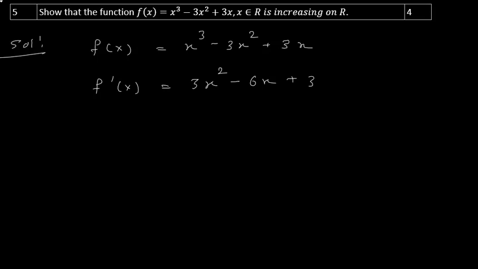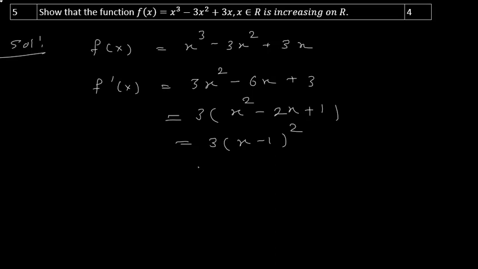So for that, here only we will first take 3 common. So after taking 3 common, here I have x square minus 2x plus 1. Now this is the square of x minus 1. So this is (x minus 1) the whole square, which is greater than or equal to 0.